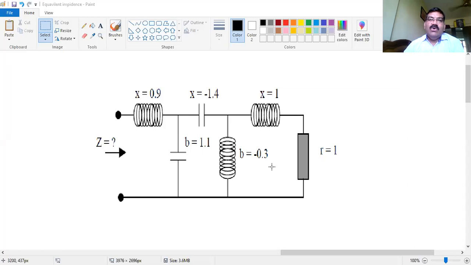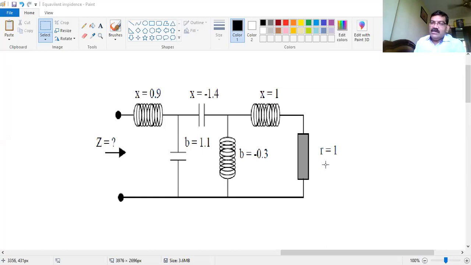And we know that Z equals R plus jX and Y equals G plus jB. This B is the susceptance, and X is the reactance. So you can see here, for the elements in series, their reactance is given. For the elements in parallel, their susceptance is given, starting from the one. So this is a very simple problem.